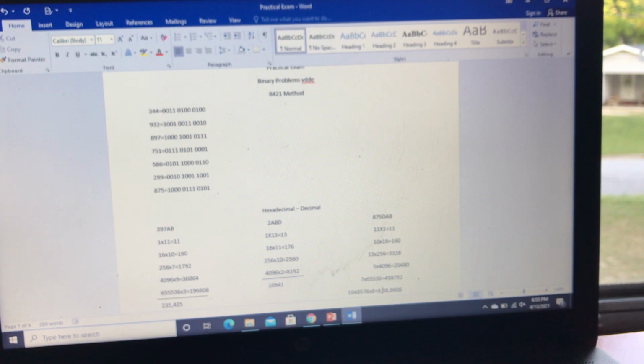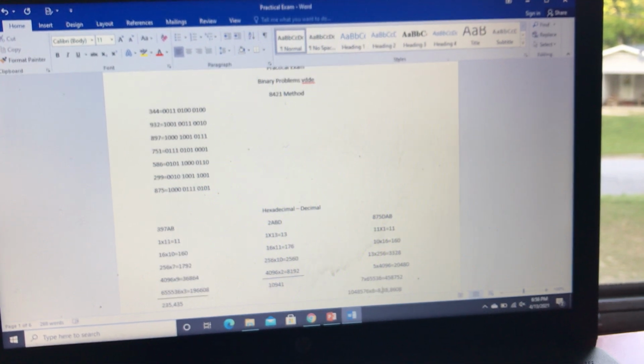0101. The next method I'm going to show you all is called the hexadecimal to decimal method. So, you will multiply 1 times 11 because 11 equals B. Then you multiply 16 times 10, which equals 160, because A equals 10.